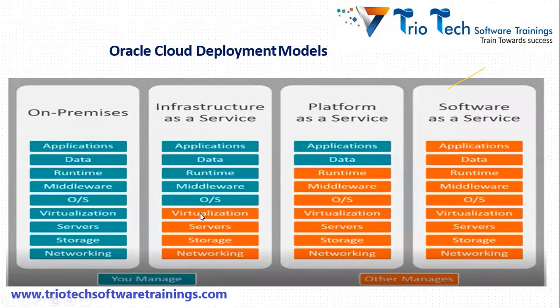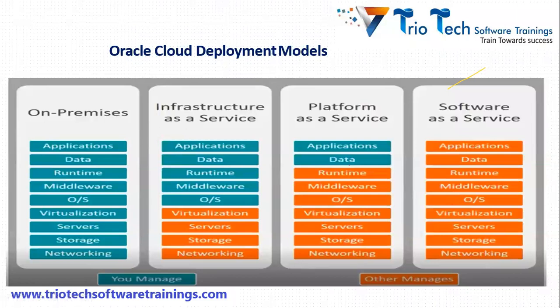The rest, that is storage, servers, and networking, is managed at the Oracle end. So it is a hybrid of on-premise and cloud platforms. But right now, in the majority of projects and client implementations, software as a service and platform as a service are the ones widely used.